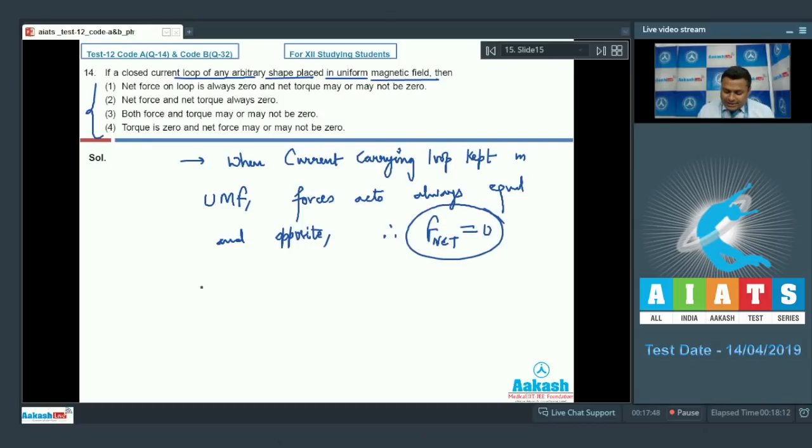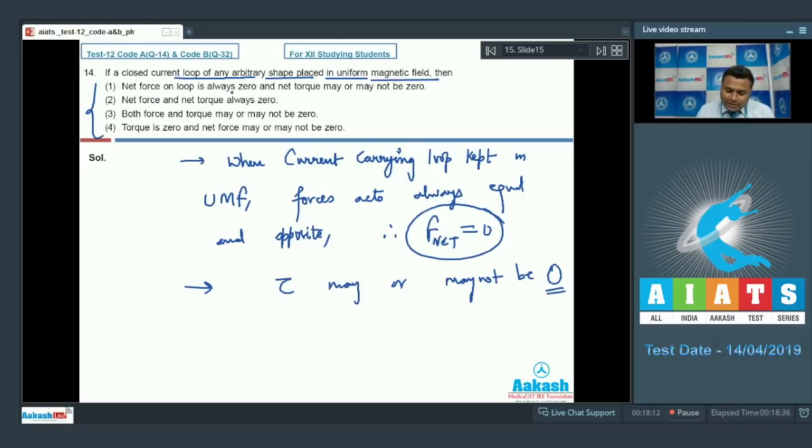But these opposite forces may have different lines of action. So if their line of action is the same, then torque will be 0. But if they don't have the same line of action, then the torque will not be 0. So tau may or may not be 0.